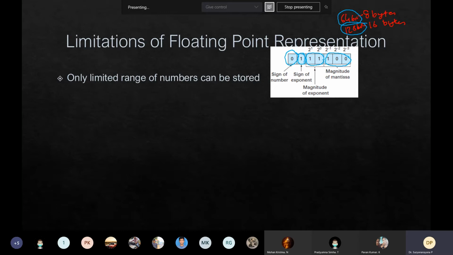Okay, so I'll ask a question now. If you look at this, how many possibilities do we have here? Each of them can have 0 or 1, so each of them can be in 2 possible states, right?